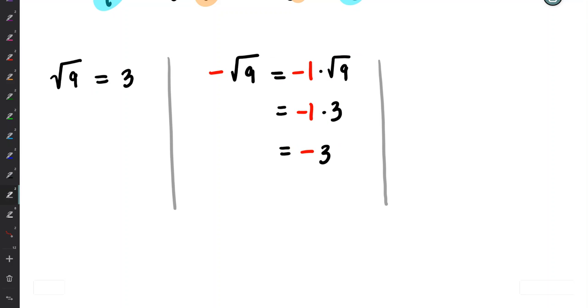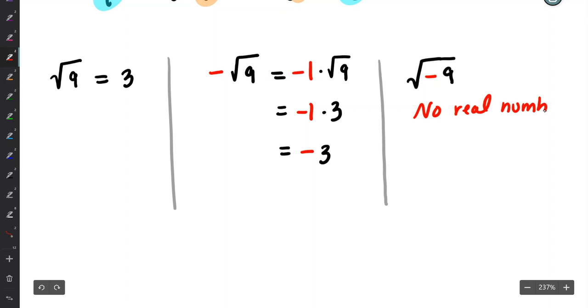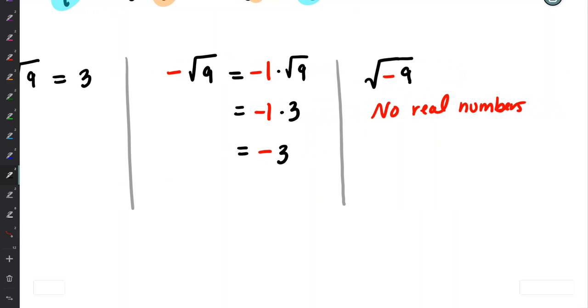Okay? And so far, what we've learned is when we had the minus sign inside the square root, or any even root for that matter, we said there's no real solutions, or no real numbers here. No real number times itself is a negative number. But now that we have our imaginary number i, we can simplify this using our product property.